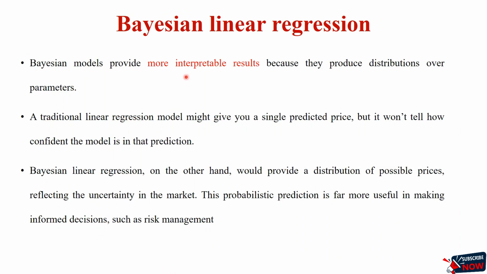Bayesian models provide more interpretable results because they produce distributions over parameters. Linear regression will give a single predicted price and will not tell how confident the model is, whereas Bayesian linear regression provides a distribution of possible prices and reflects the uncertainty.